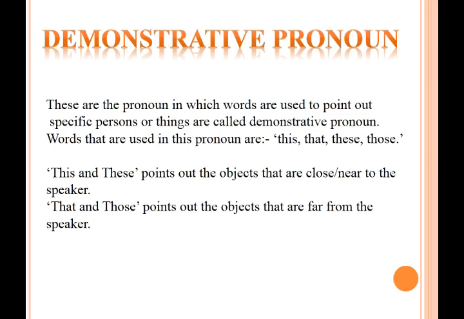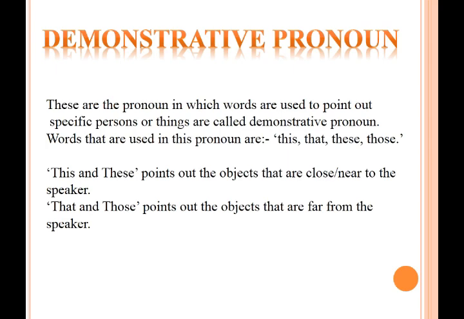Now one more important thing in this is, this and these point out objects that are close to the speaker. That and those point out the objects which are far away from the speaker.